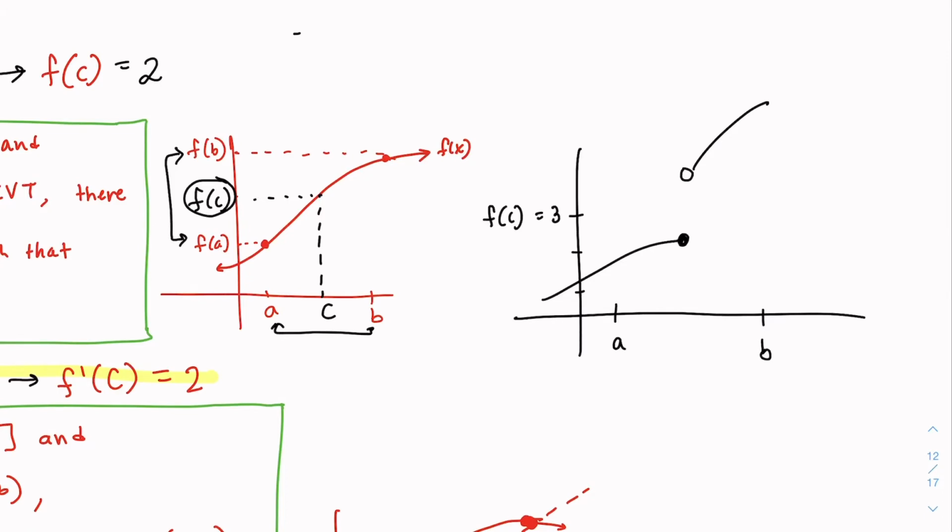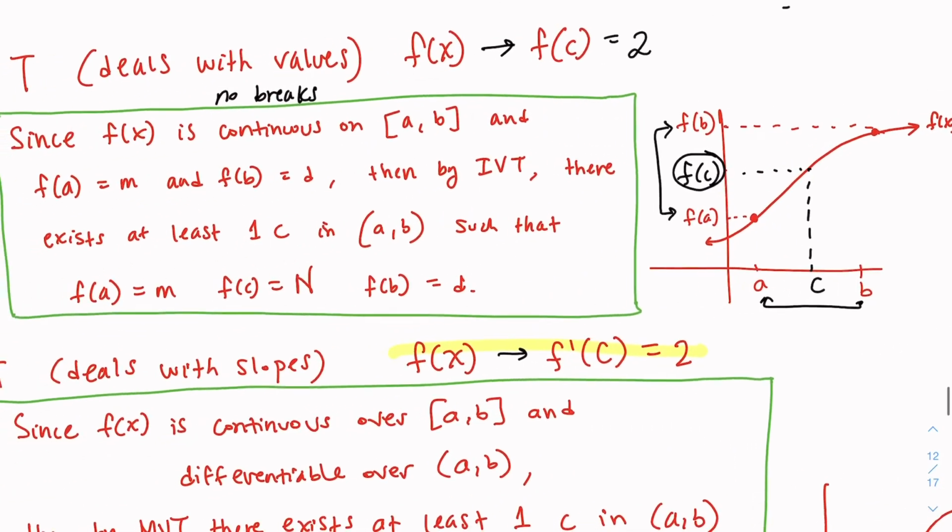Even though f of c lies between f of a, which is like 1.7, and f of b, only 6, we cannot guarantee that there is some x value that gives us a height of 3 because there's a break in the graph. So it has to be continuous for IVT to work.